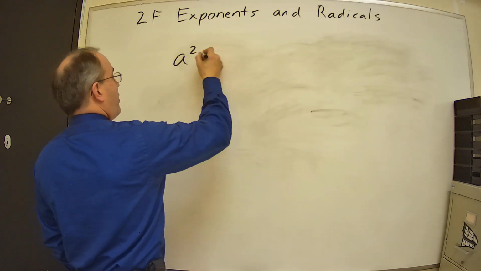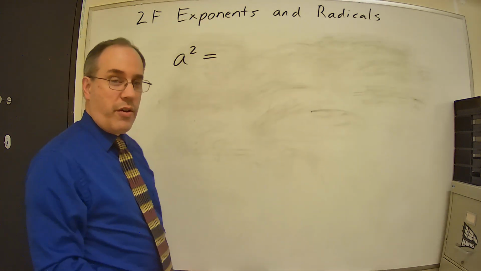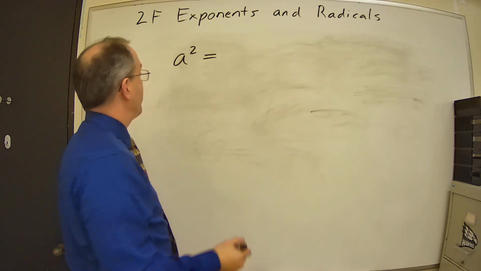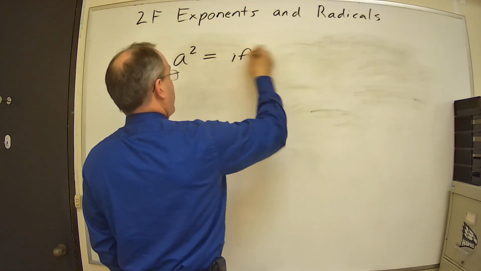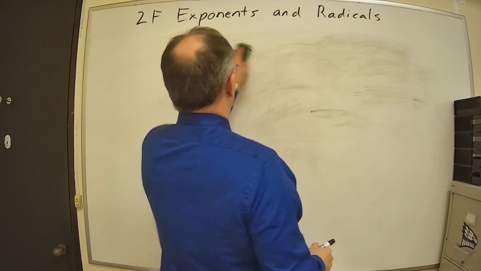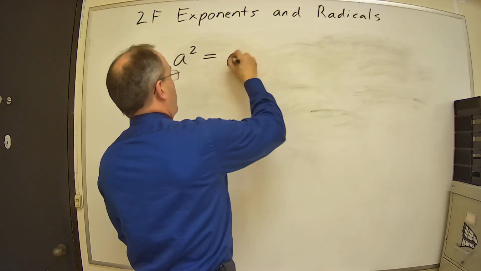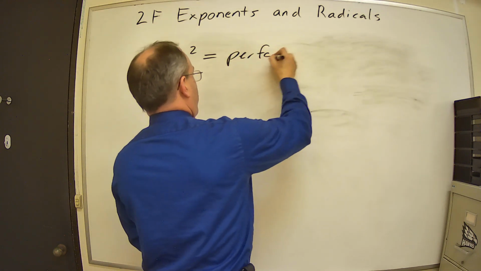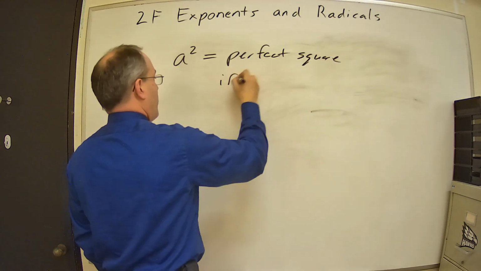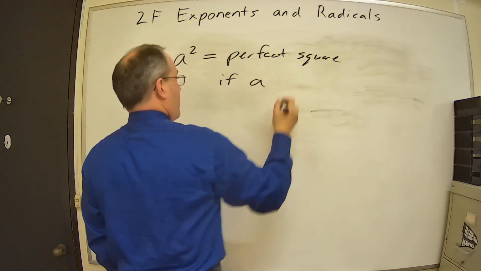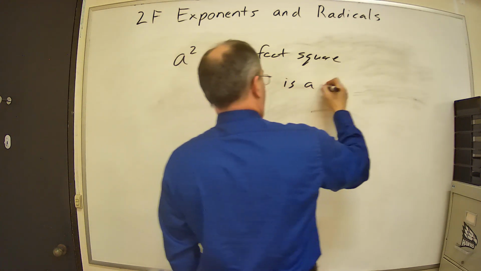I should say a squared is a perfect square if a is a whole number.